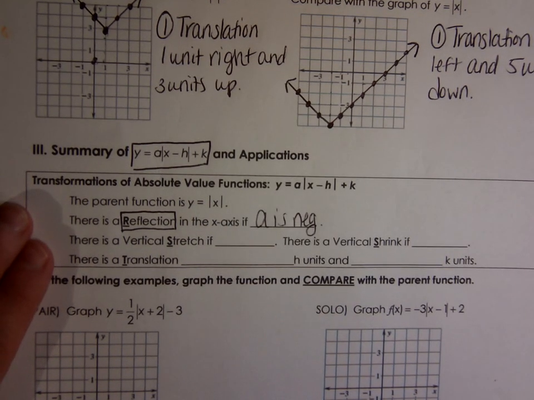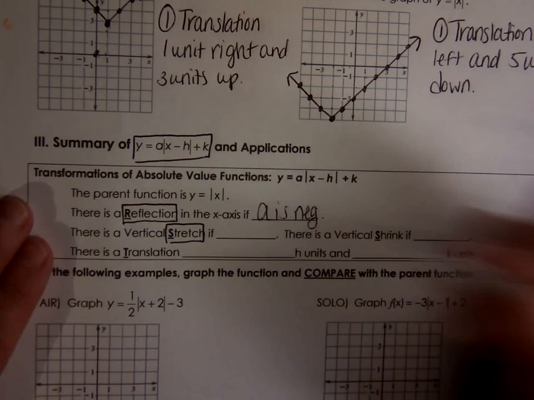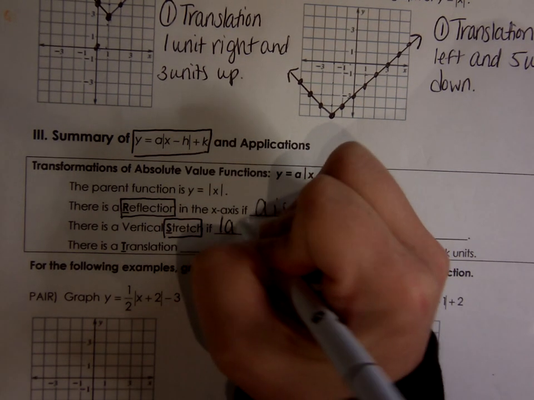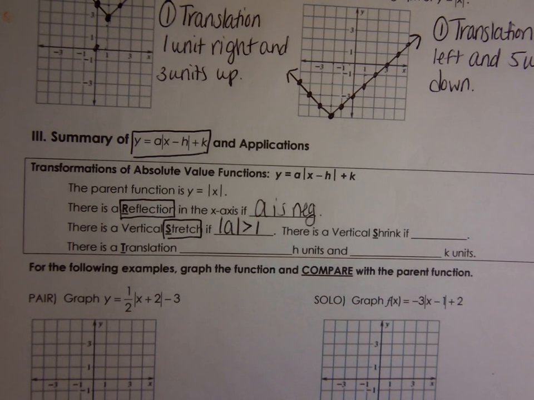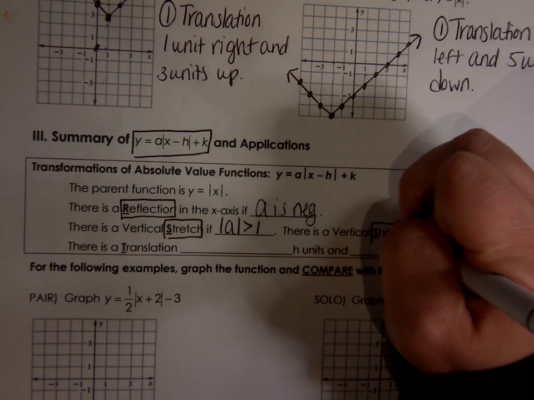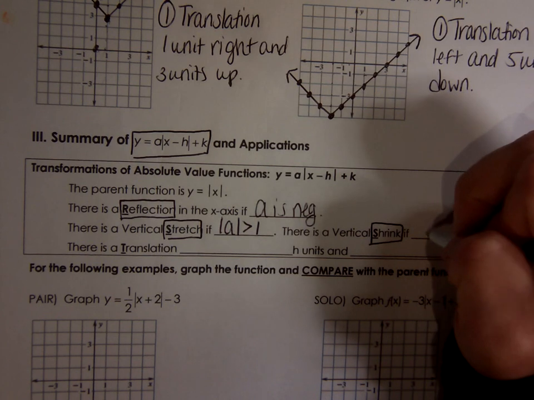There is a vertical stretch if the absolute value of a is bigger than 1, like a 3 or a negative 4. All of those values are bigger than 1.